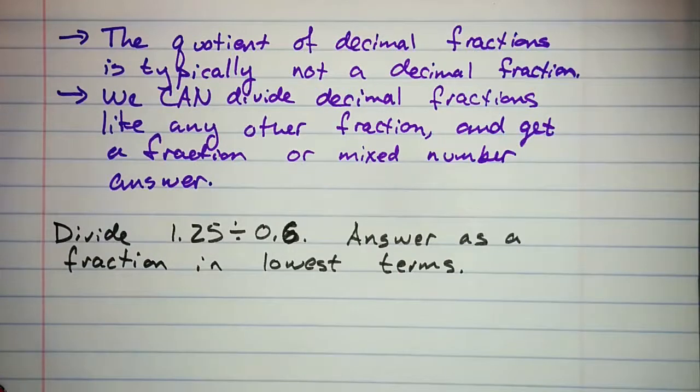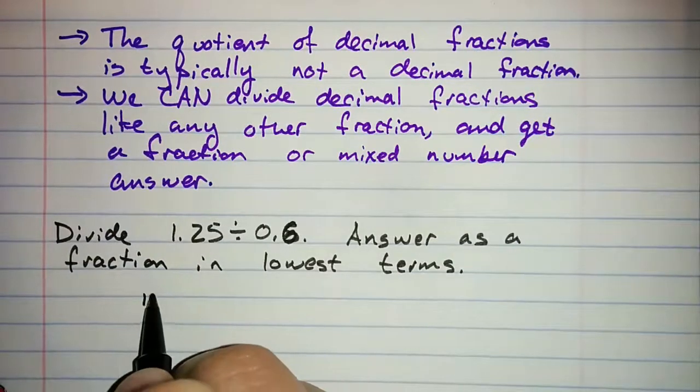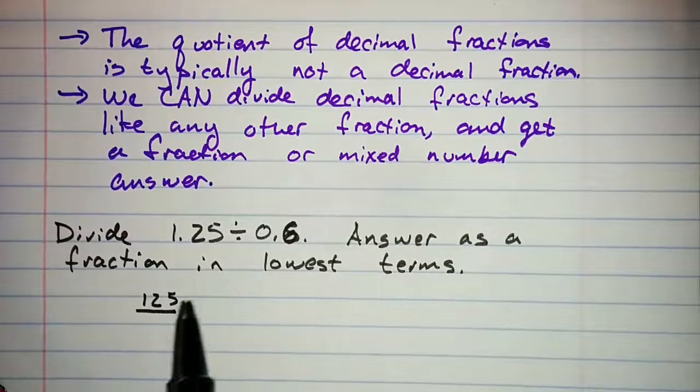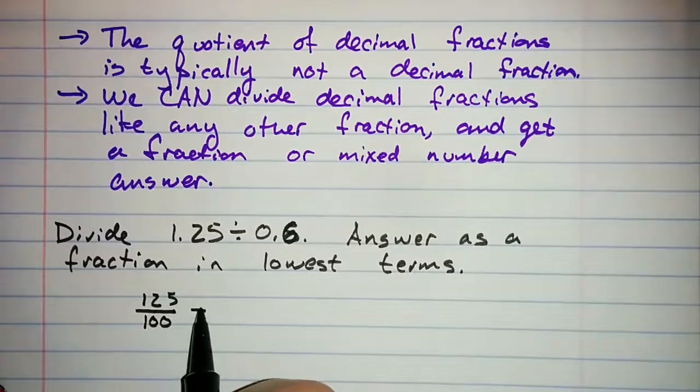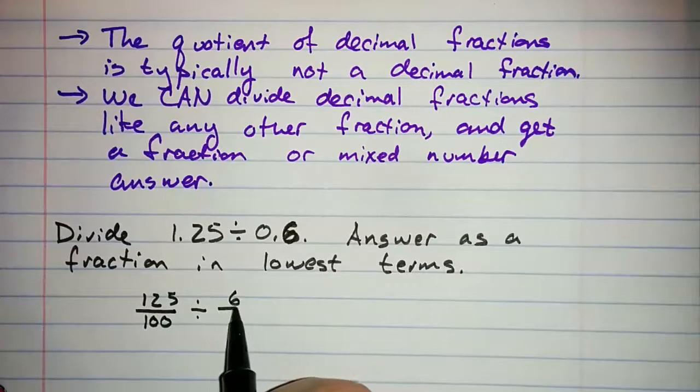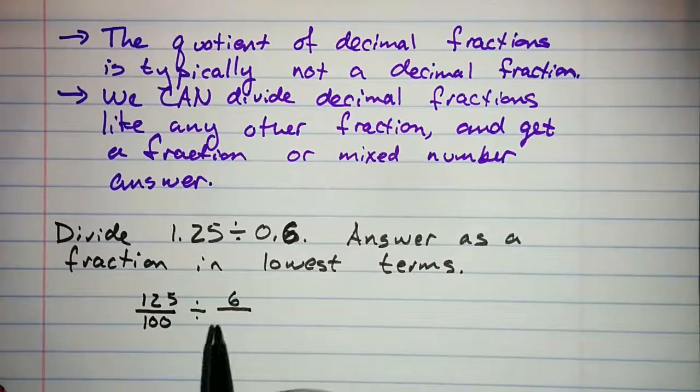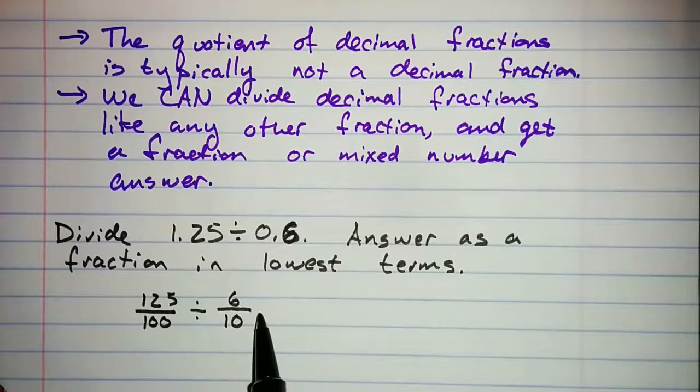All right, rewriting in fraction notation, we have 125 over 2 digits to the right of the decimal point means 2 zeros in the denominator, divided by 6 over 1 digit to the right of the decimal point means 1 zero in the denominator.